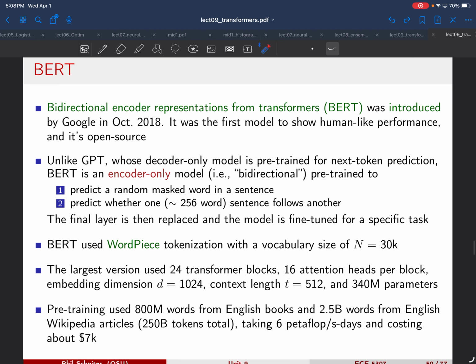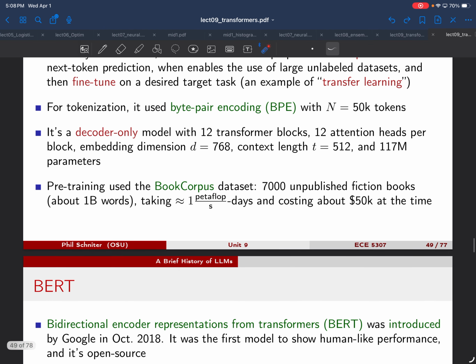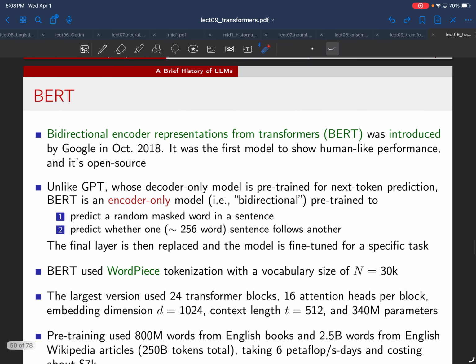Let me just talk about BERT and then we'll stop. Just a couple months later, Google came out with BERT, Bidirectional Encoder Representations. What's different about BERT is they use an encoder-only model, a bidirectional model.